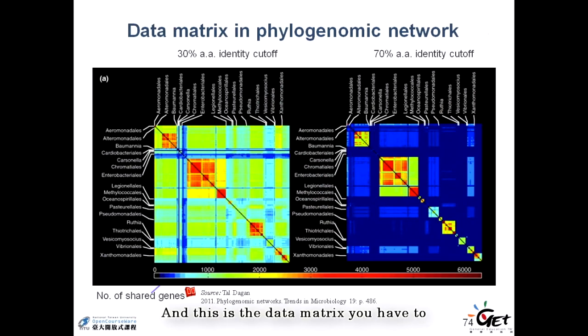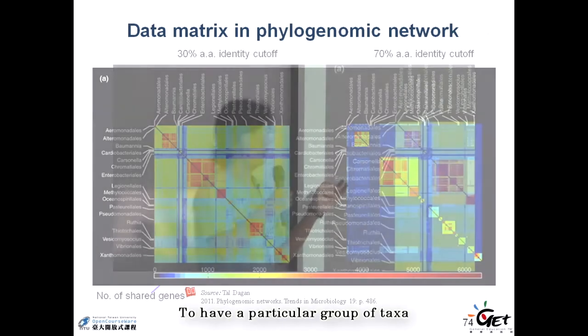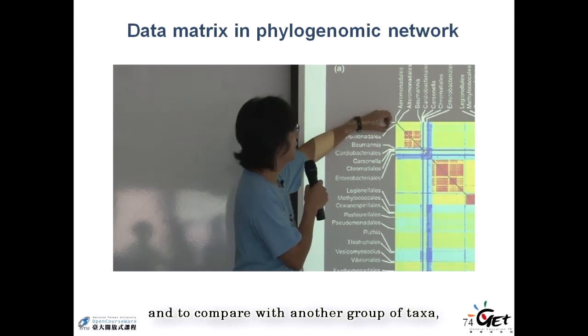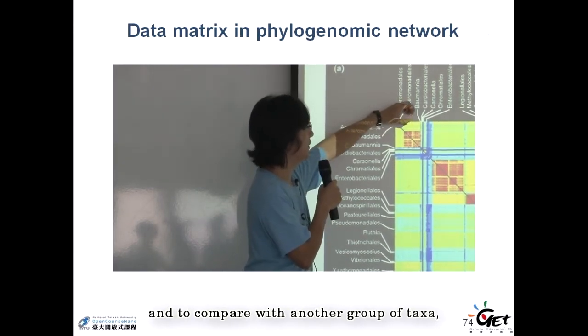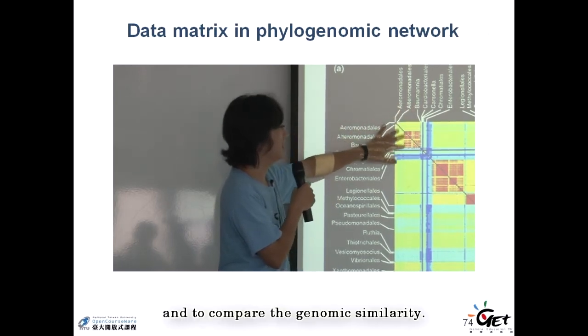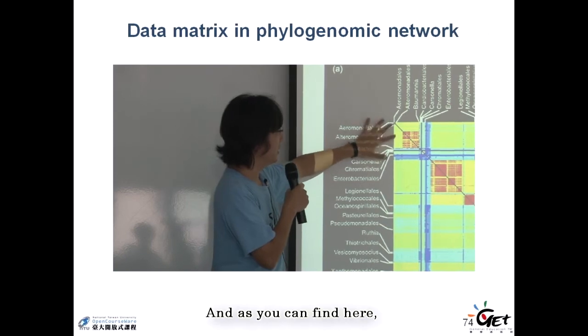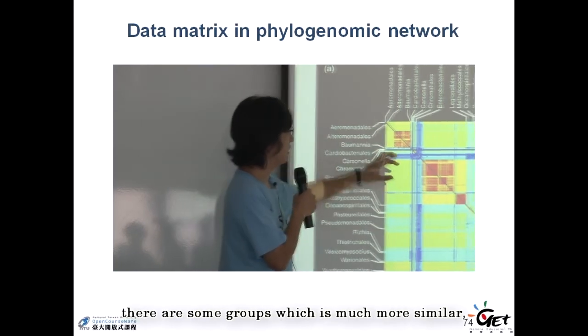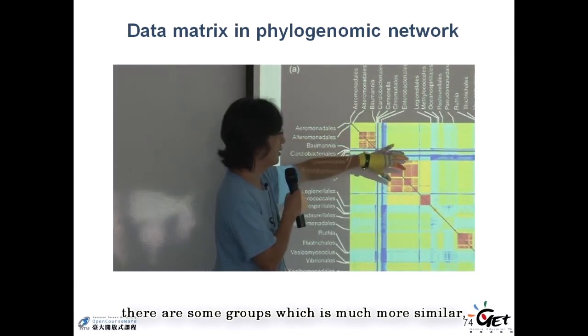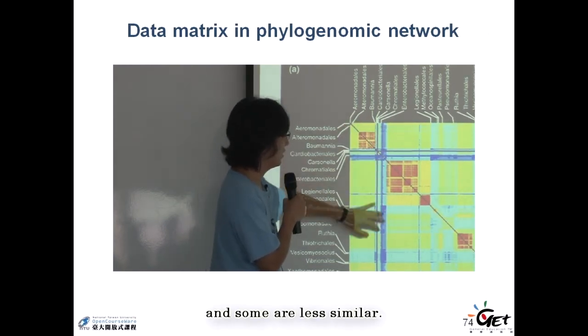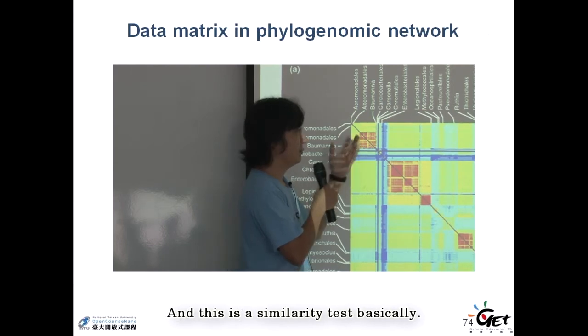This is the data matrix you have to have in the very beginning: a particular group of taxa compared with another group of taxa, to compare the genomic similarity. As you can see here, some groups are much more similar, and some of them are less similar. This is basically a similarity test.